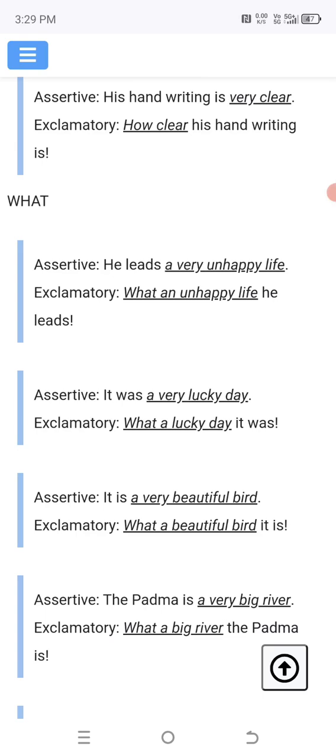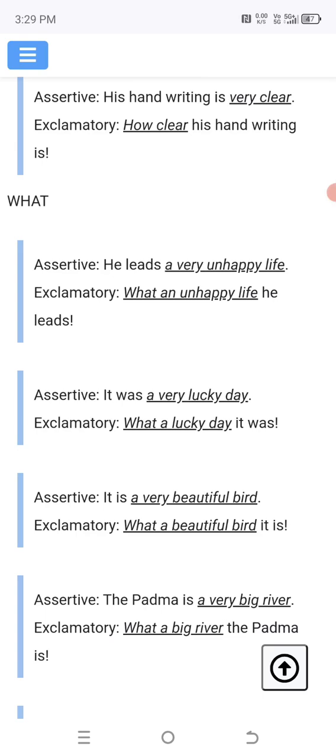Now here are given some examples of the assertive sentence, and in these sentences there is used the phrase a very, which means the article a is used in the sentence. That's why, while we change these into exclamatory, we should begin our exclamatory sentence with the word what.